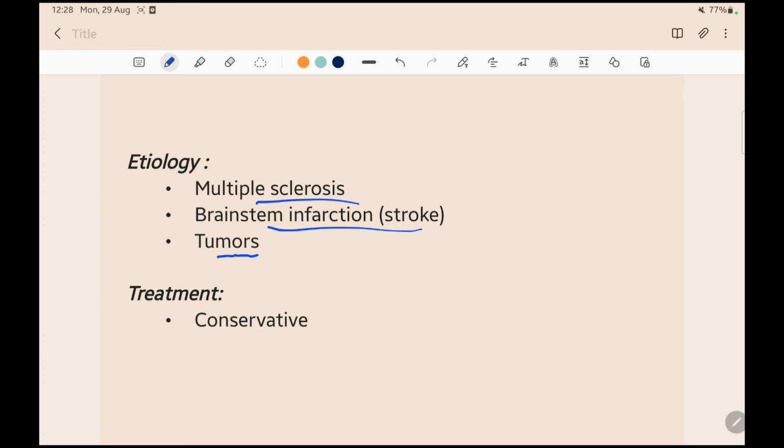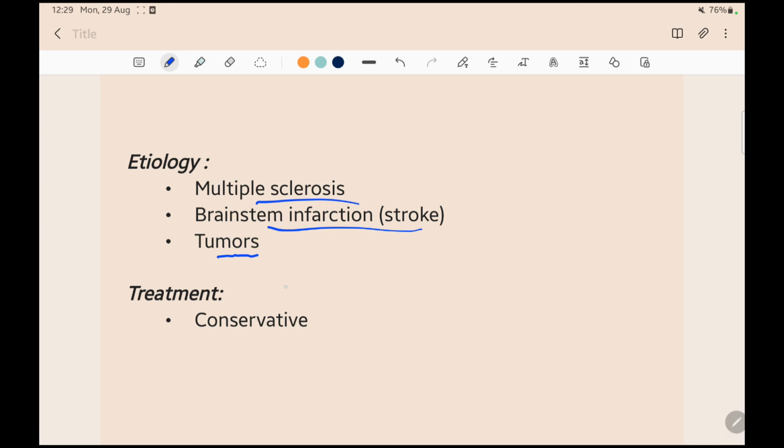And third is tumors, the tumors of the third and fourth ventricle which compress the brain stem. You remember one tumor, ependymoma, which originates from the lining of the fourth ventricle. When the tumor enlarges, it will compress the brain stem, particularly the pons.